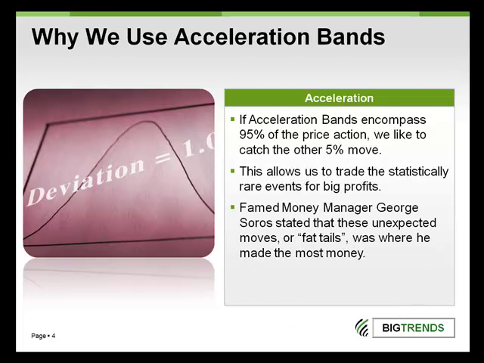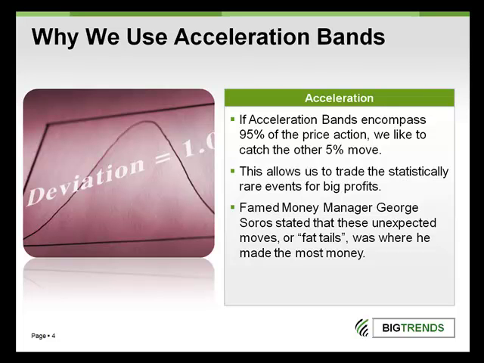People talk about the 5%, right? Those very, very small, rare moves that happen in the market, in individual stocks and Forex in this case. Everyone knows the famed money manager George Soros stated that, where did he make most of his money? Well, what he called fat tails, which is obviously a statistical term, is where he made most of his money, right?